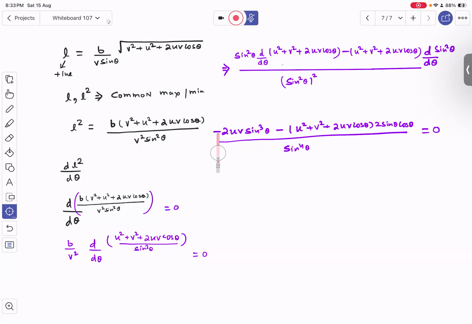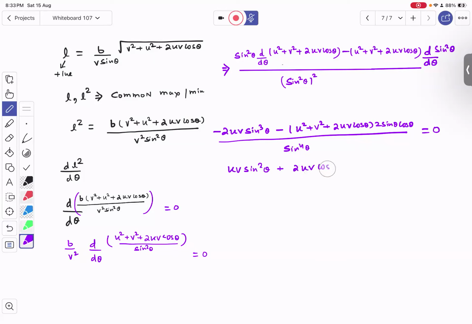I'll take out minus 2 sine theta and throw it to that side. So you will end up getting uv sine square theta plus, here, cos theta multiplied by this cos theta will be 2uv cos square theta, plus u square plus v square into cos theta equals 0.